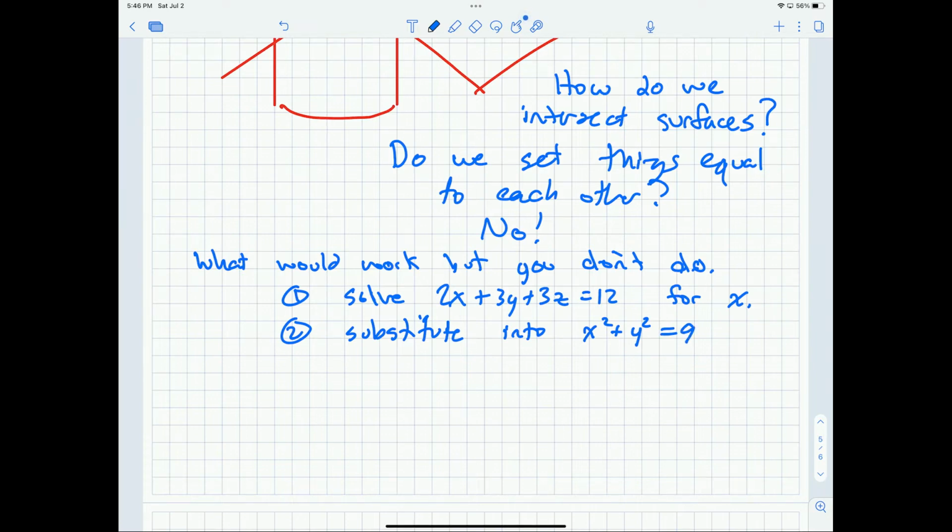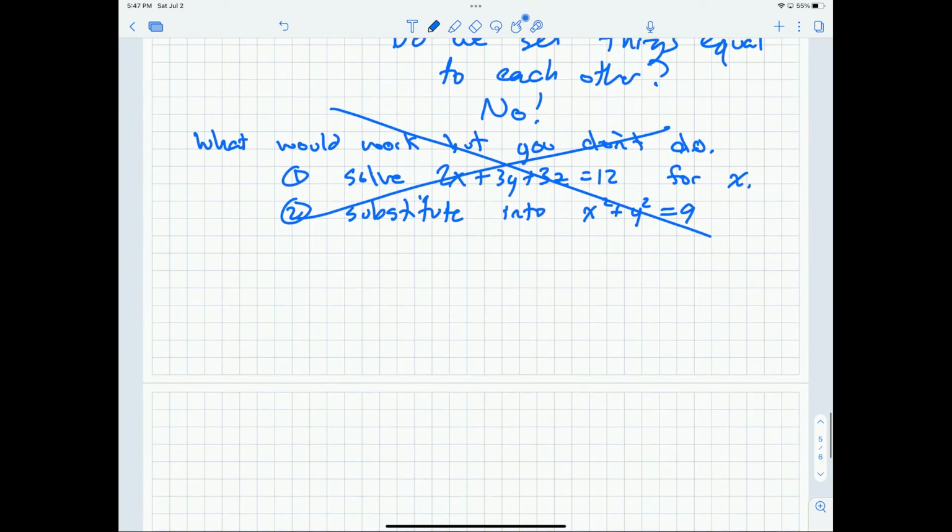At that point, you'll have an equation with just y and z. And actually, I don't even know if this will work. It's just not what you want to do. So forget it. I said what would work, but don't do it. I don't know how well this would work. Just don't do it. Here's what you do.